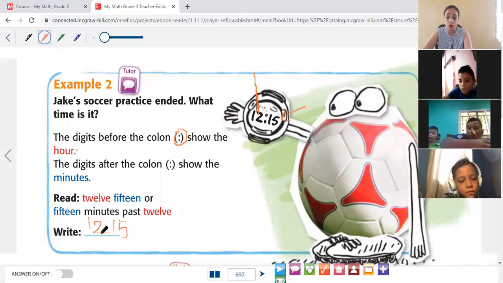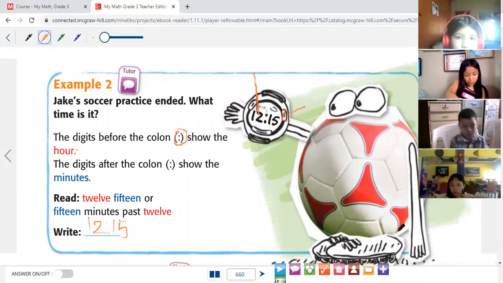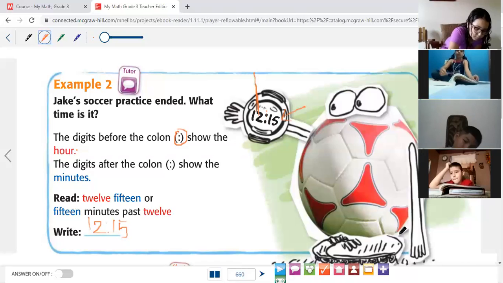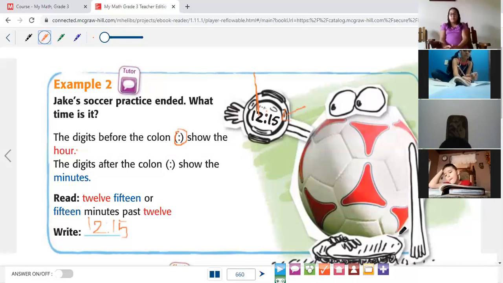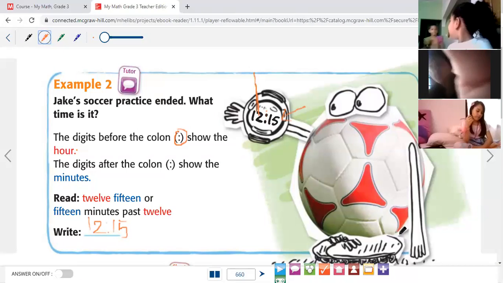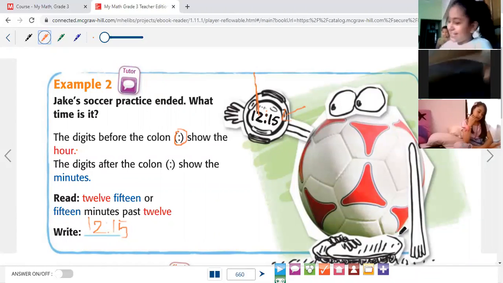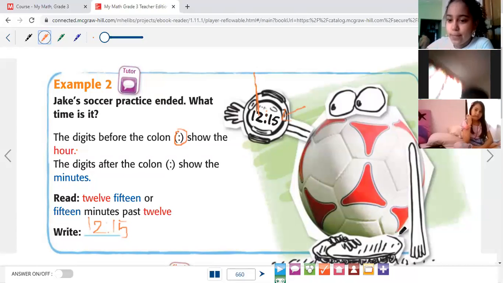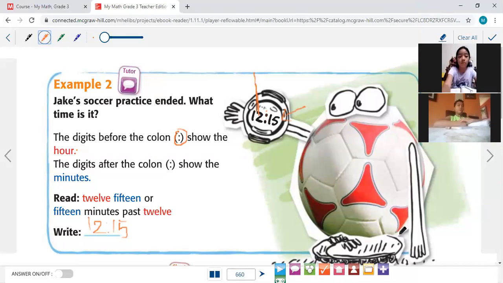Okay, it is 12:15. It is easier with a digital clock, okay? We just have to read the numbers and write it. It is 12:15 or 15 minutes past 12, okay? Hi, Iram. It's 12:15, okay?